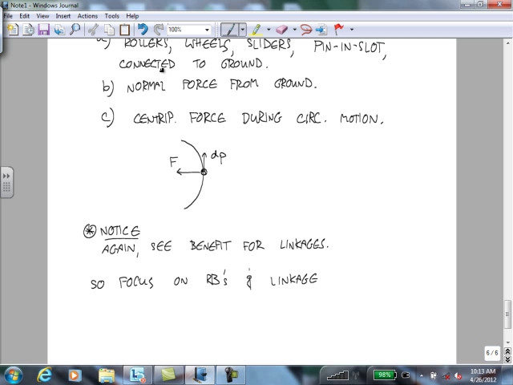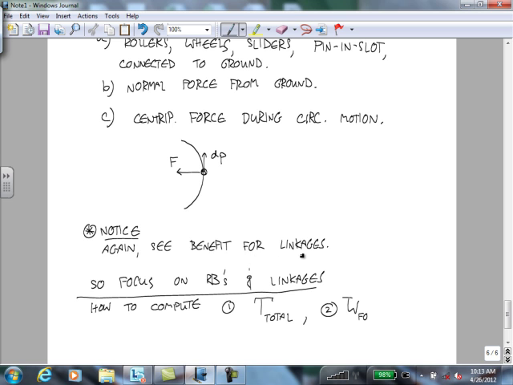And the question now is just, how do we compute, first, the total kinetic energy for a rigid body and a linkage? And second, how do we compute the total work? And we're going to break this up into two calculations. The work due to a force and the work due to a couple.